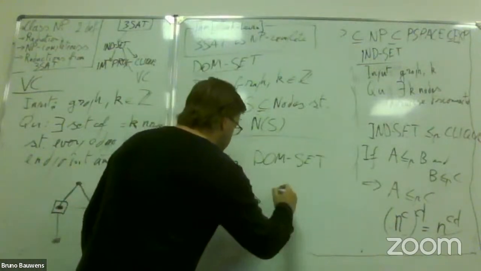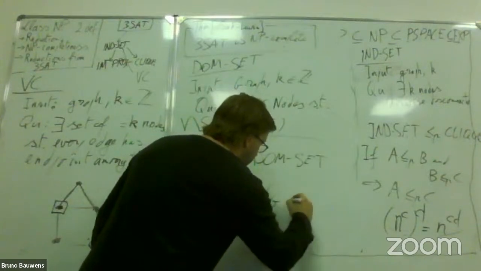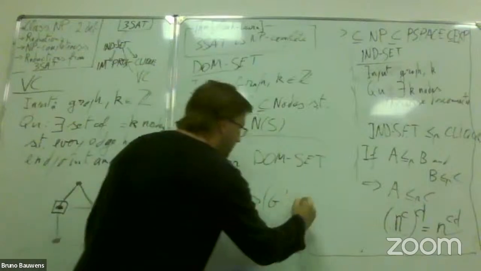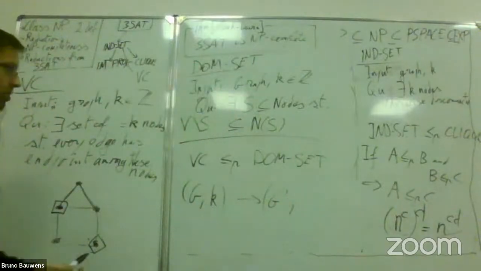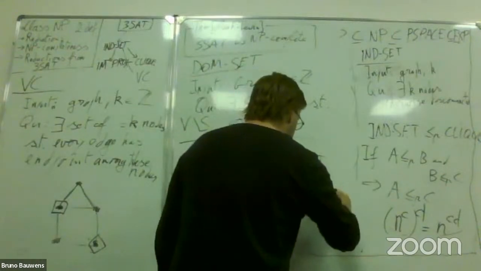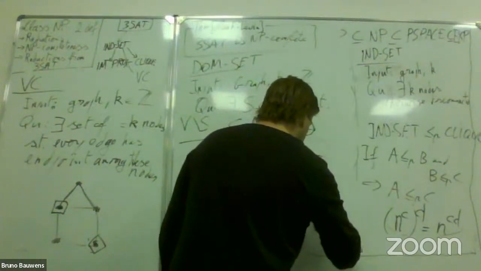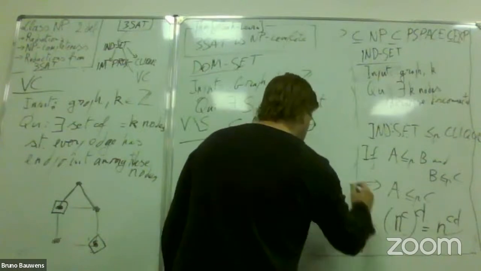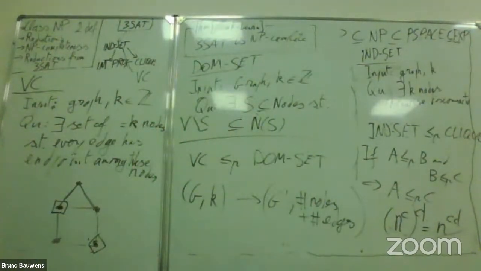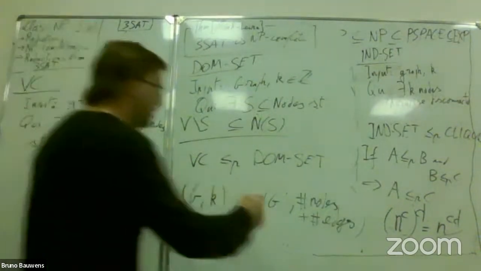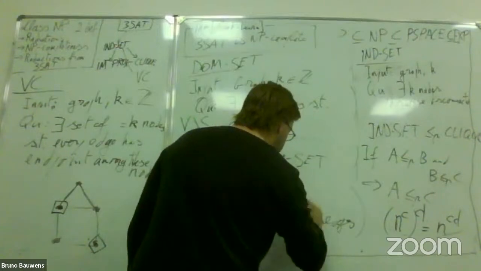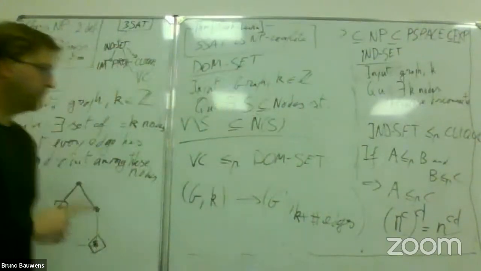I will call the new graph G prime. And the value of k is the number of edges plus k, not the number of nodes. So that's the value.